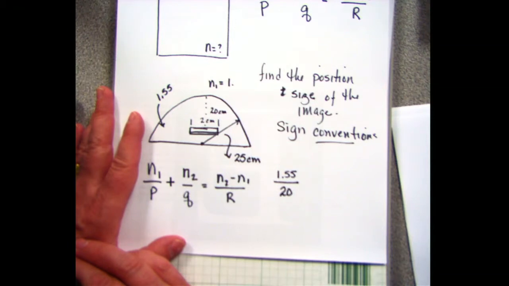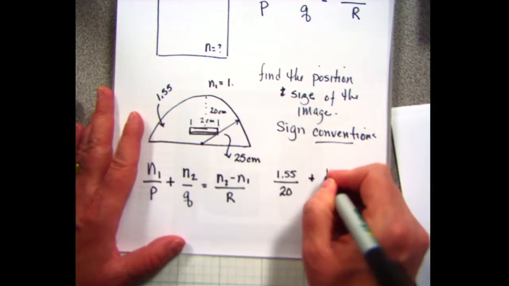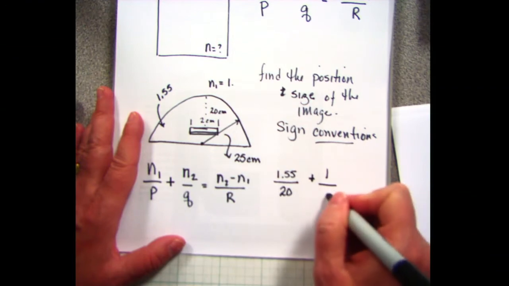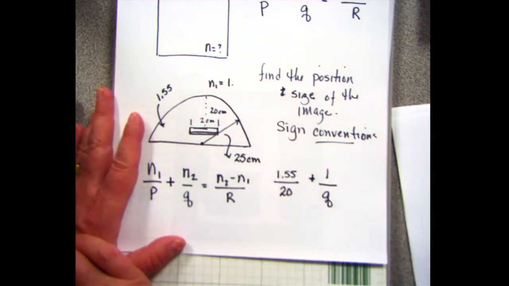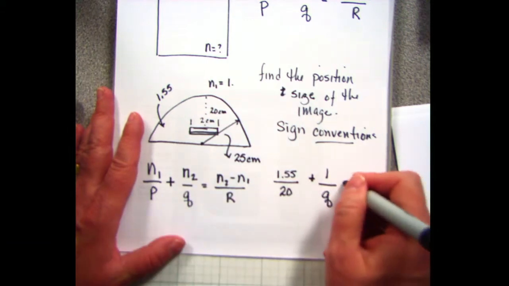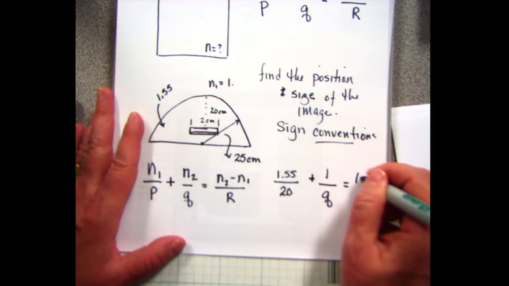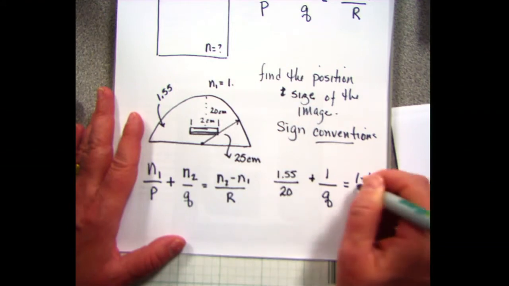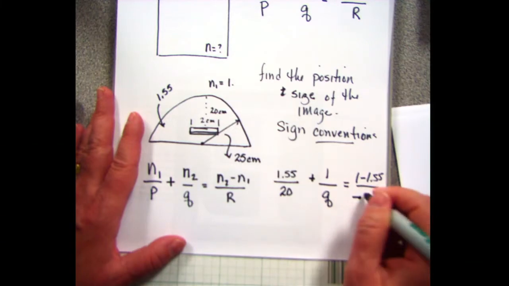You probably set up the problem correctly, you just probably missed a plus or a minus somewhere. Then I've got my air divided by what I'm looking for: where is the image going to be? And now I've got my 1 minus 1.55 divided by, and this is where my sign convention comes in as well, a negative 25.